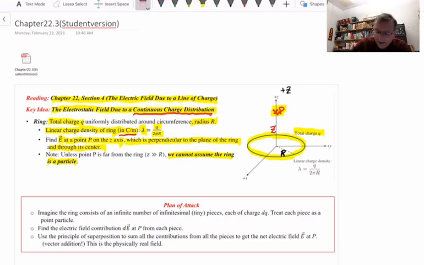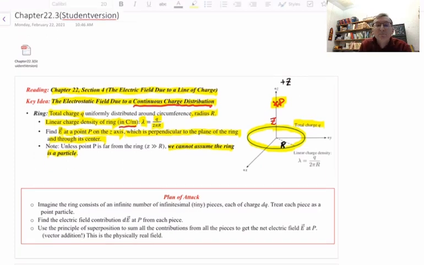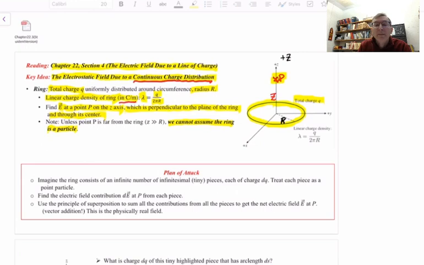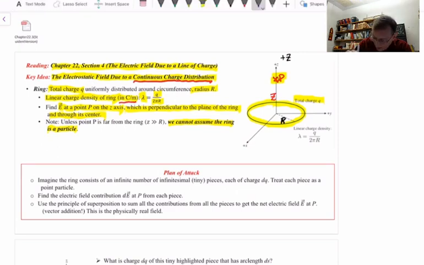Let me tell you the plan of attack. How are we going to do this calculation, for getting the electric field at that point P, distance z from the center of the ring, when we can't treat the ring itself as a particle? Here is the series of steps. First, imagine that the ring consists of an infinite number of infinitesimal, which is code for tiny, pieces. And each piece has some charge that we're going to call dq.